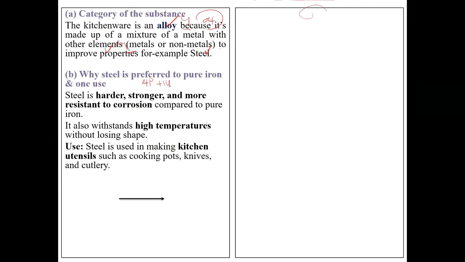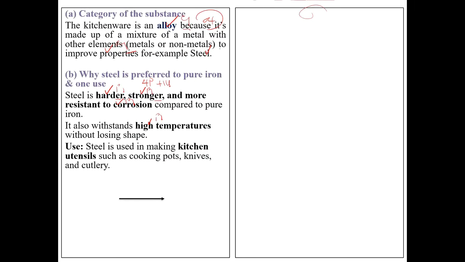So which means here we can say steel is harder, this is the property, stronger, and more resistant to corrosion compared to pure iron. It also withstands high temperatures without losing shape. How many properties are those? 1, 2, 3, 4.